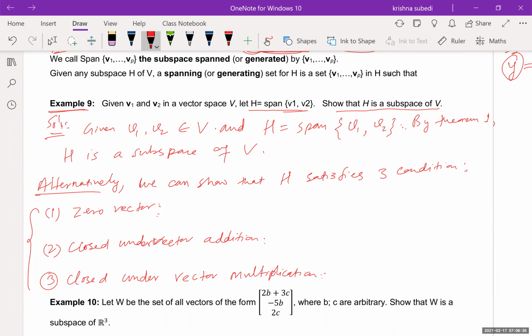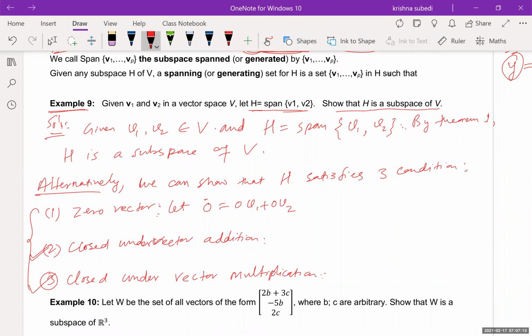Consider an object from H, because H is a span of these vectors. Suppose, let's say, 0 can be written as 0 V1 plus 0 V2, because this 0 is actually generated by using the vectors V1 and V2. In the same manner, you can show the second and third conditions by yourself.